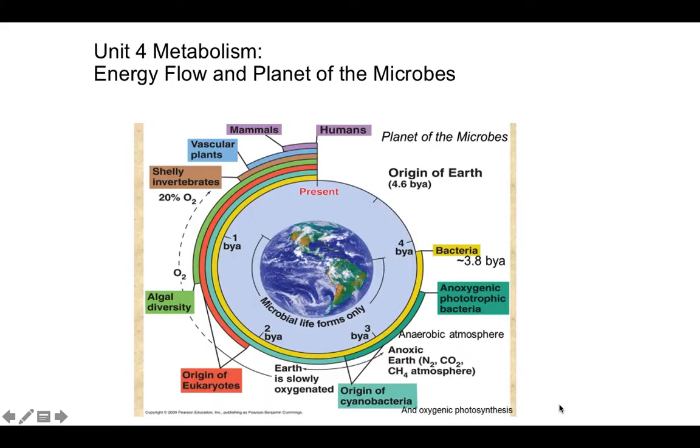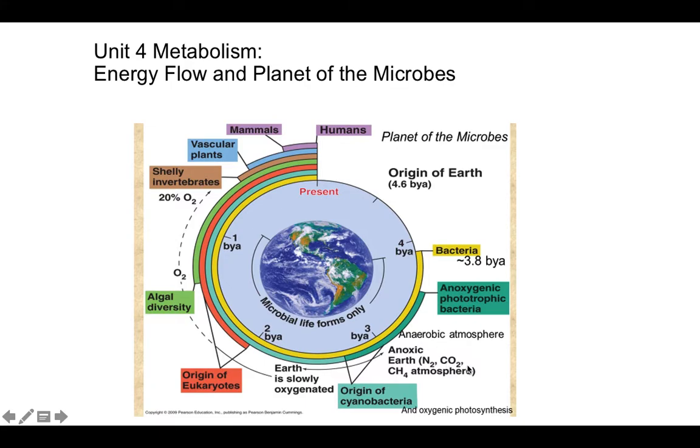All right. So from Unit 4 Metabolism, you'll recall we were looking at how energy flows through biological systems, and we were also paying some attention to carbon and some of the other elements. And just really quickly, you guys remember the first cells that evolved, bacteria, evolved about 3.8 billion years ago, and you want to remember that Earth's atmosphere was anaerobic, right?